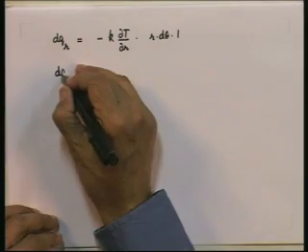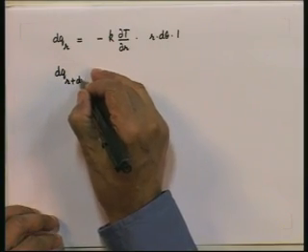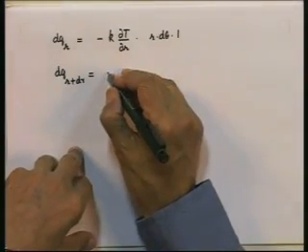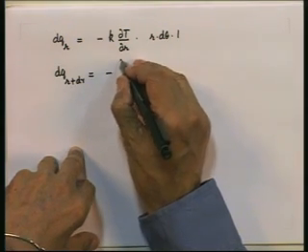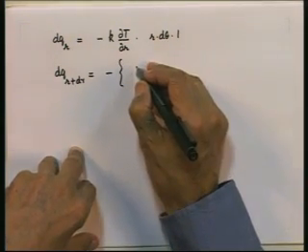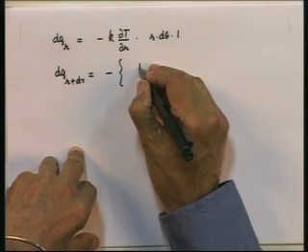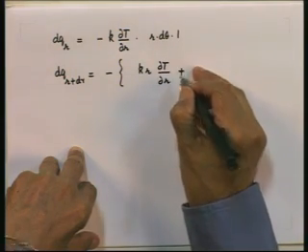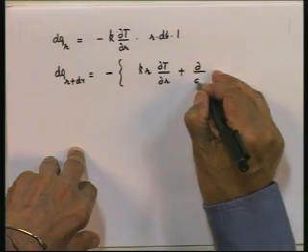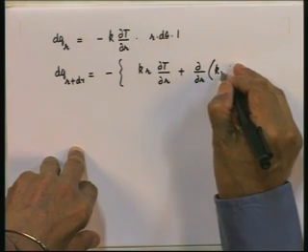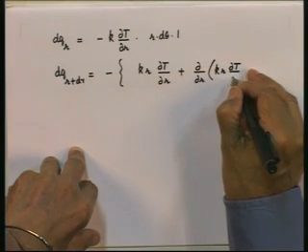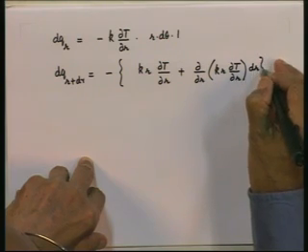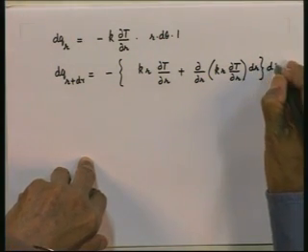dqr plus dr will be equal to minus, now we will say here k r dt dr plus d dr of k r dt dr into the distance I have moved dr, the whole thing multiplied by d theta.